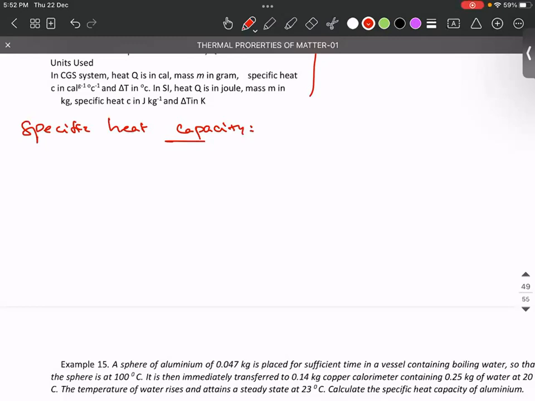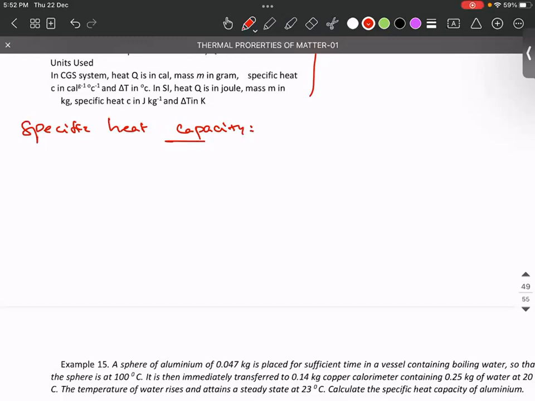So the amount of heat required to raise the temperature of unit mass of the substance by 1 degree Celsius or 1 Kelvin.